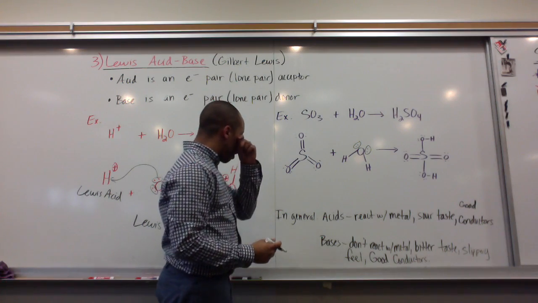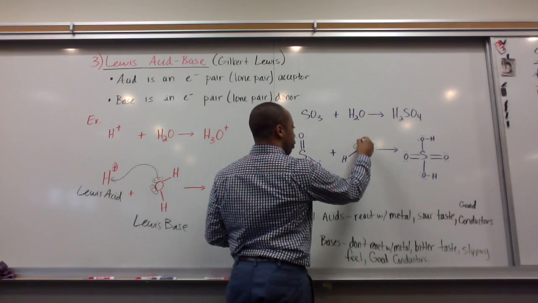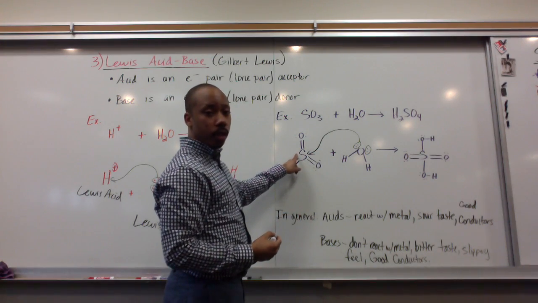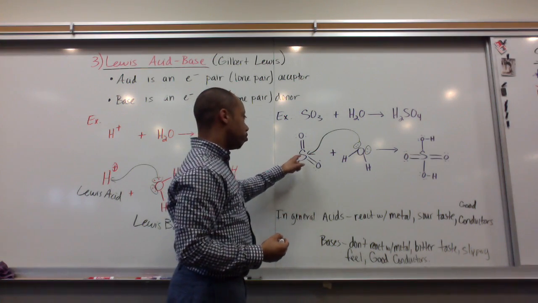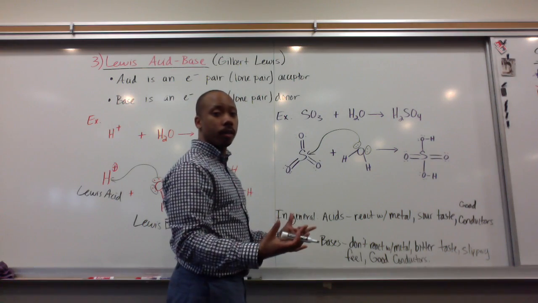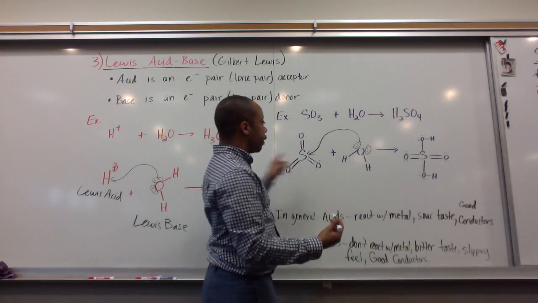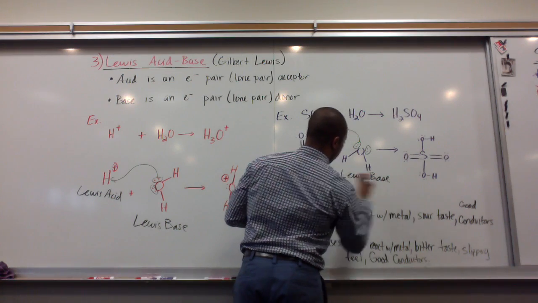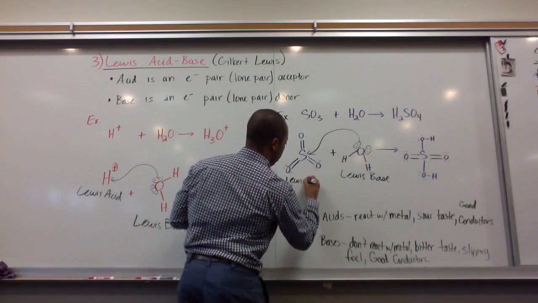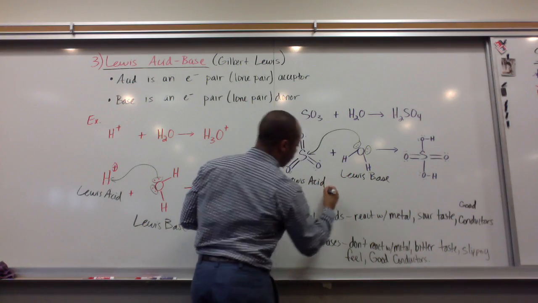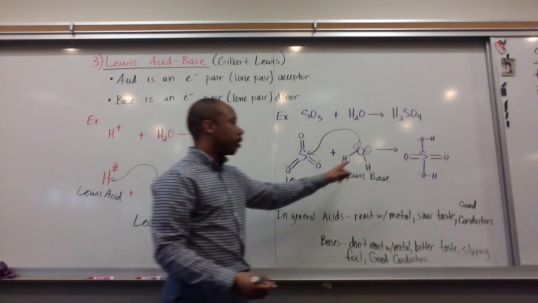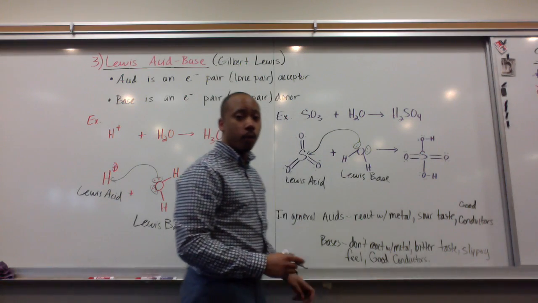These lone pair electrons are going to attack this sulfur to bond on and expand sulfur's octet even more. Since these electrons are being donated, this is my Lewis base. Since this sulfur trioxide is accepting the lone pair electrons, this is my Lewis acid. When that happens, they form sulfuric acid, which has that chemical formula.